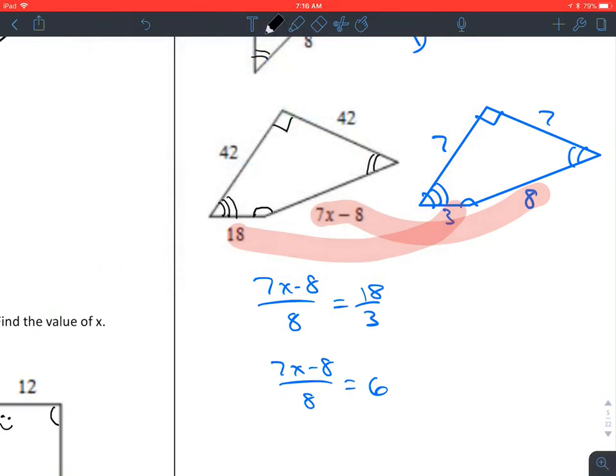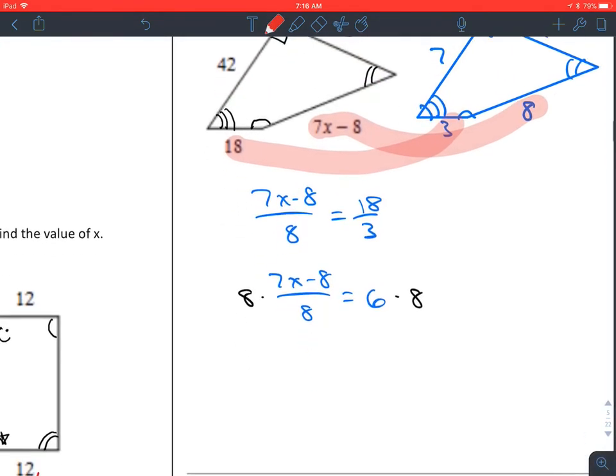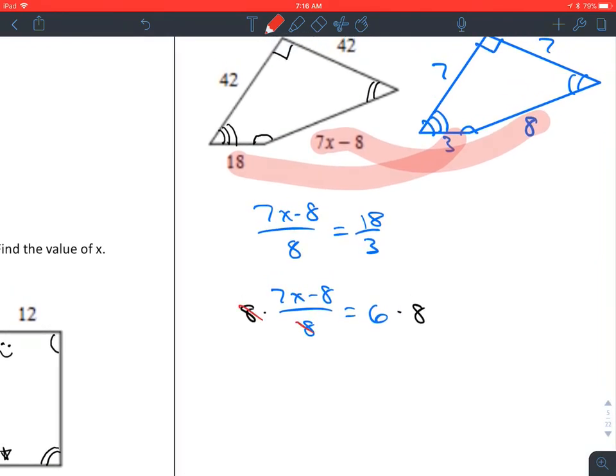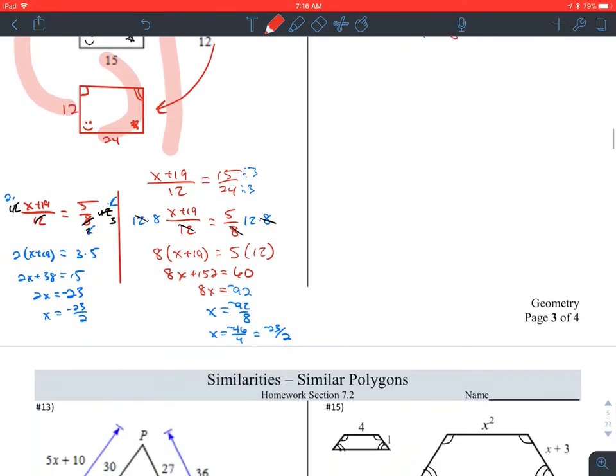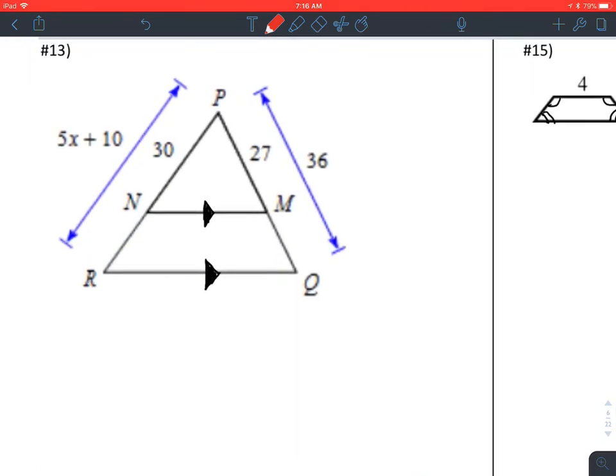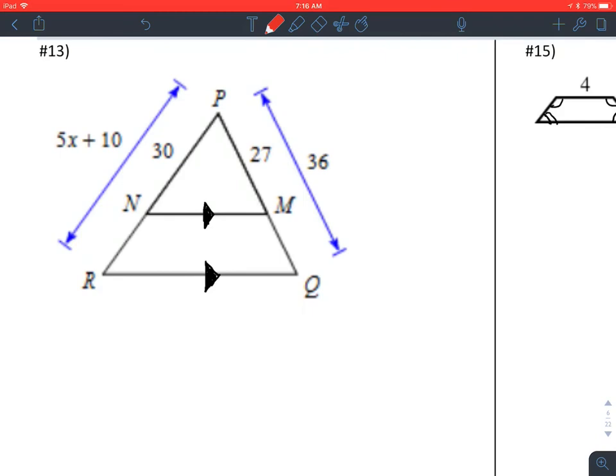We could then multiply both sides by 8. Eights cancel on the left. We get 7x minus 8 equals 6 times 8, which is 48. Add 8 to both sides. You get 7x is 56. Divide both sides by 7, and you get x is 8. Number 13.